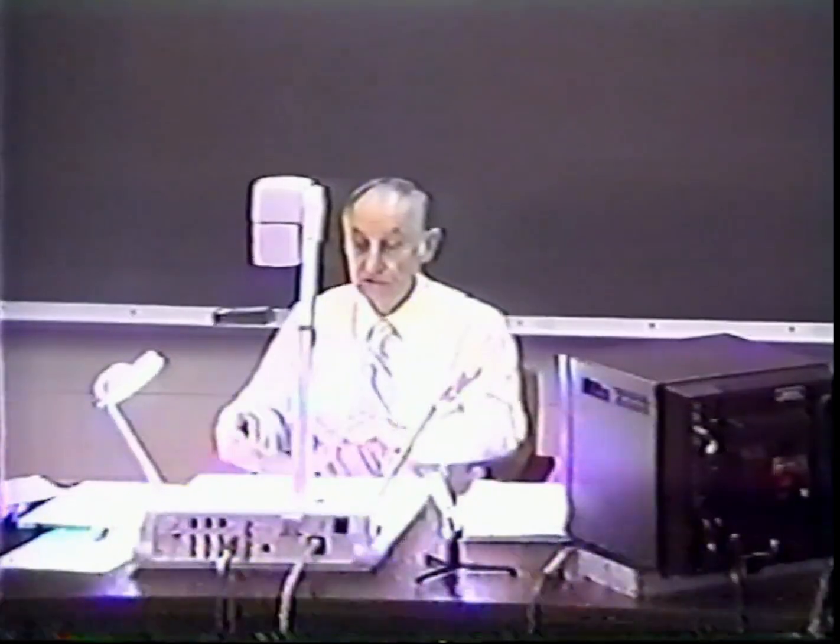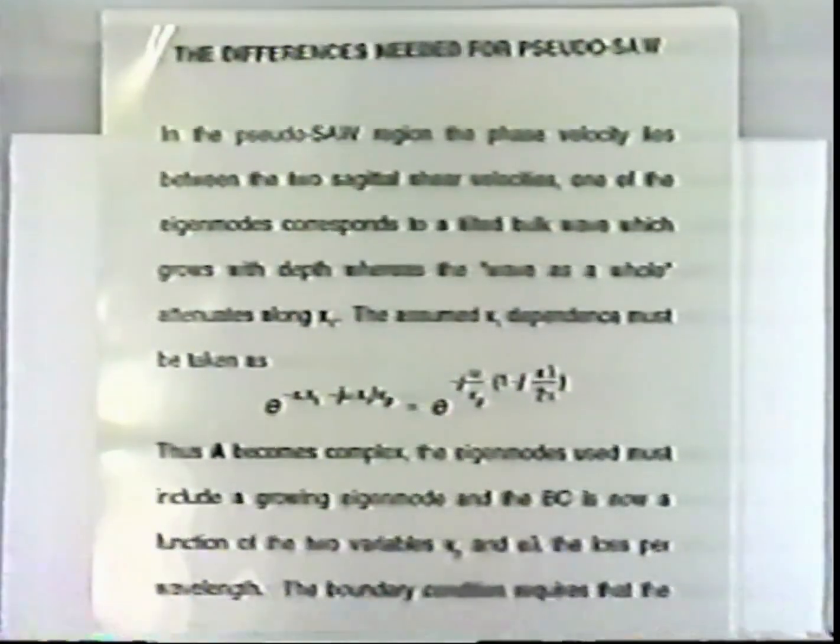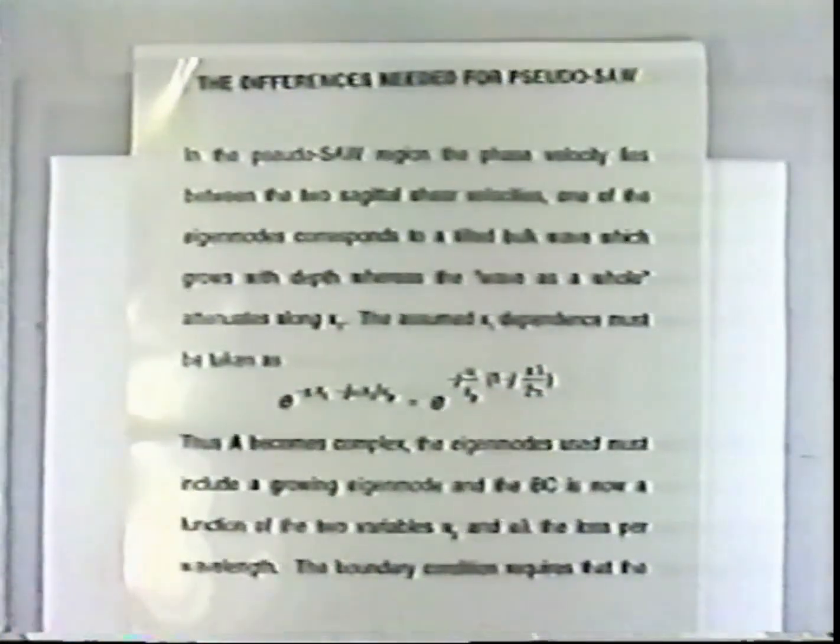I'll come back to this curve again in just a moment, but I'd like to move on now to the issue of how we do in fact handle the pseudo surface waves.